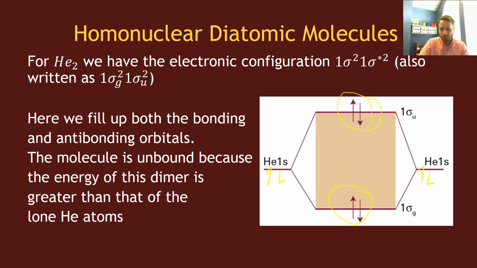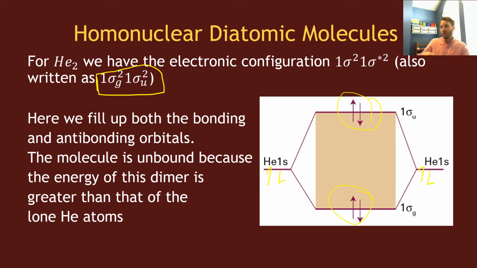So He2 would have this electron configuration, with both bonding and anti-bonding orbitals filled, and that would not be ideal. This would never happen, and that's why you don't have He2 dimers that are covalently bonded to each other.